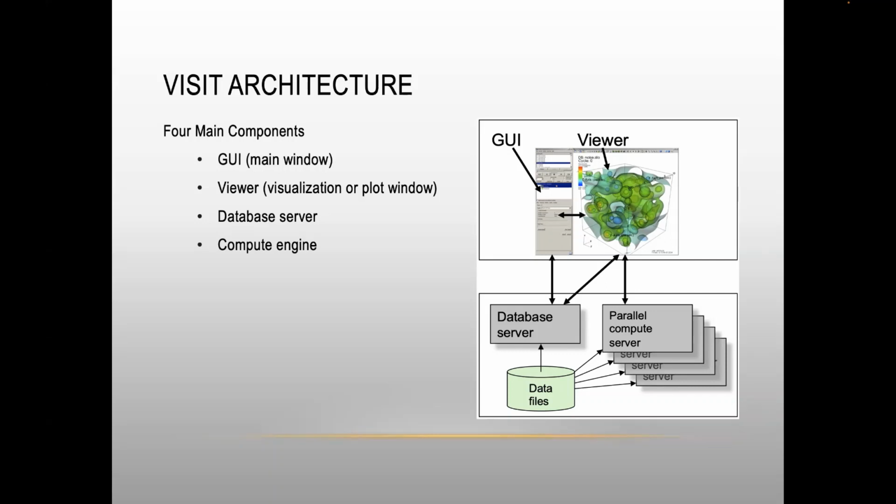Then there are two other things that you wouldn't see. They are also running on your computer. One of them is called the database server. This has nothing to do with databases like MySQL, Postgres, and so forth. It's nothing but a file manager, which tells VisIt which files are open, which are part of a set, and so forth. And then you have a parallel compute server, or the compute engine.